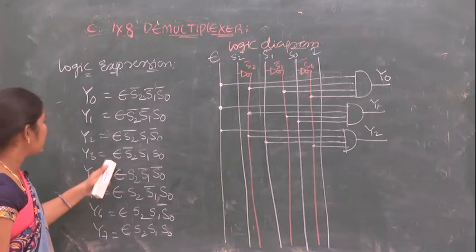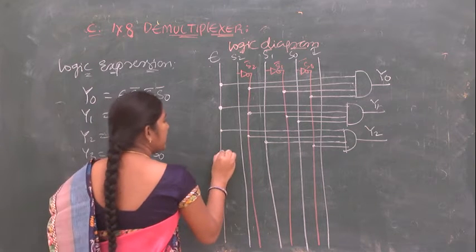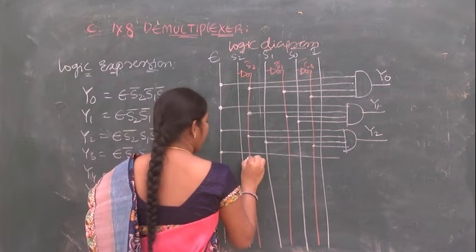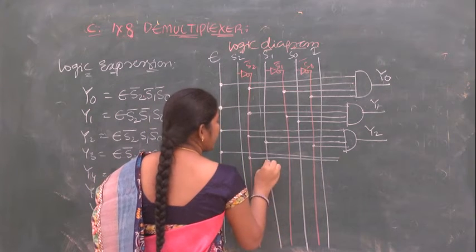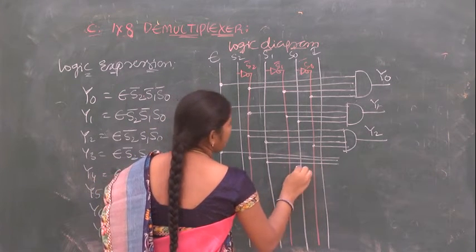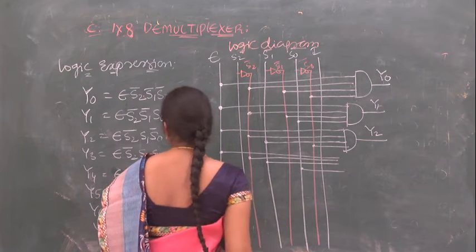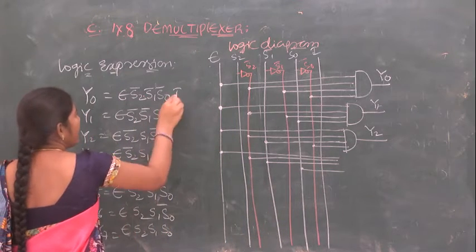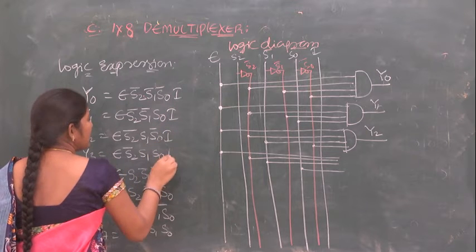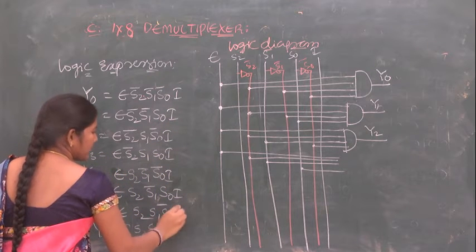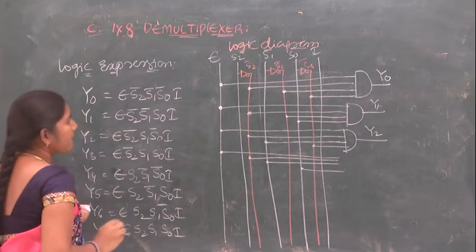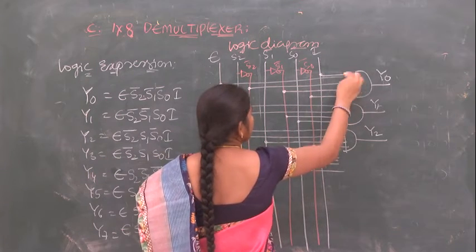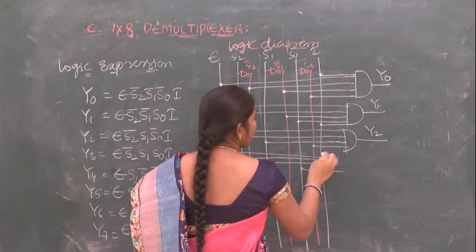Next, Y3 is E, S2 bar and S1, S0. So every time we are having I also, right? I is the value, so consider I also. For each case, I is the data which is transferred to the output.